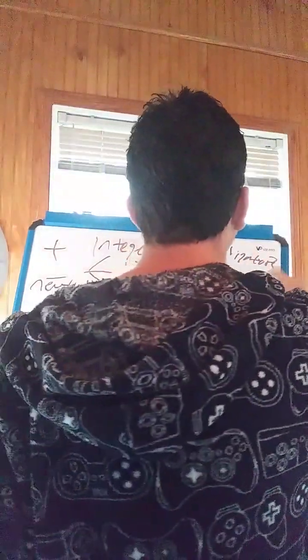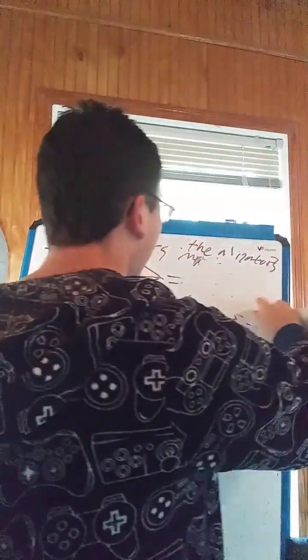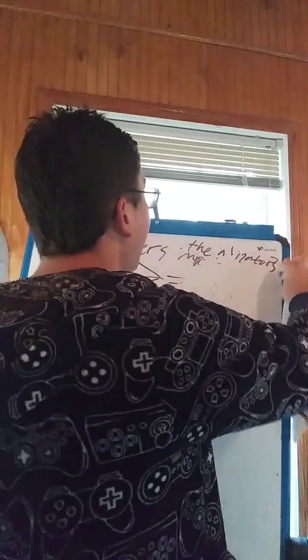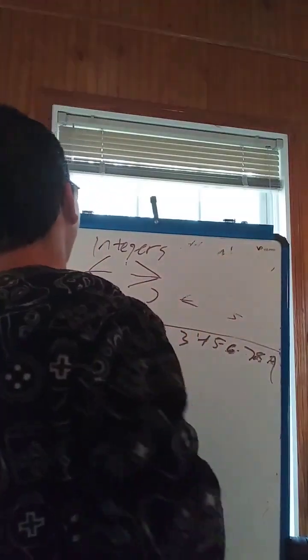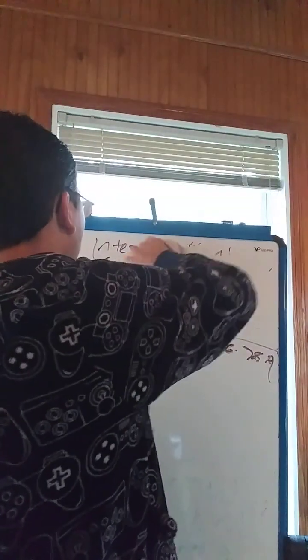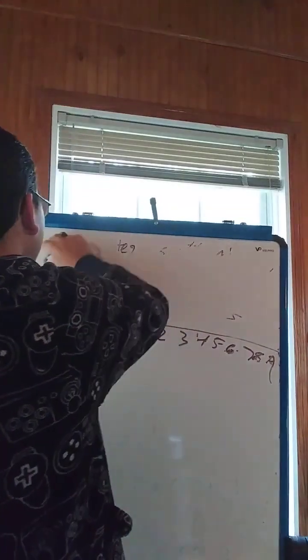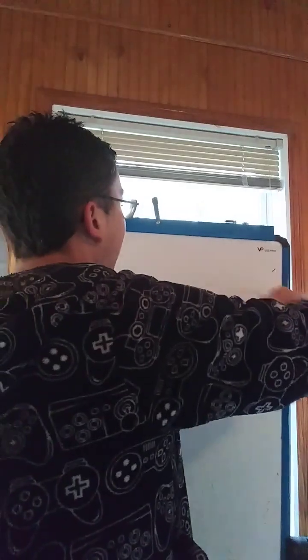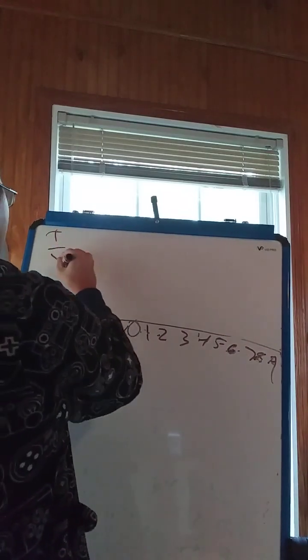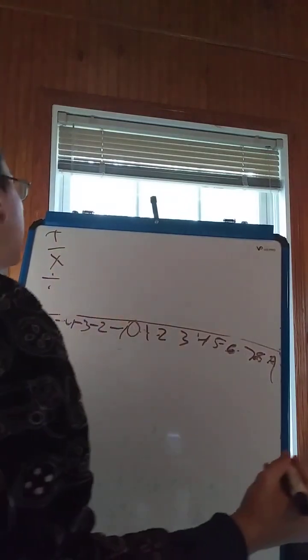So that is all fine and dandy when it comes to understanding positive and negative numbers. Now, you're going to understand how to solve problems with positive and negative numbers using the 4 solving signs that you all know very well, which are addition, subtraction, multiplication, division.